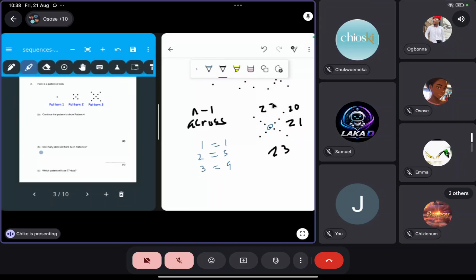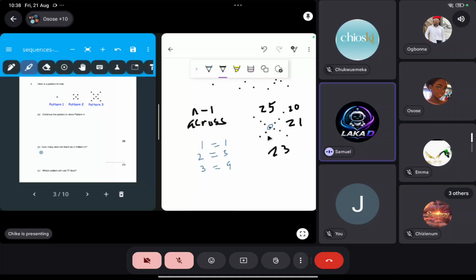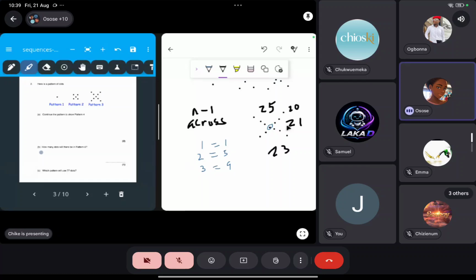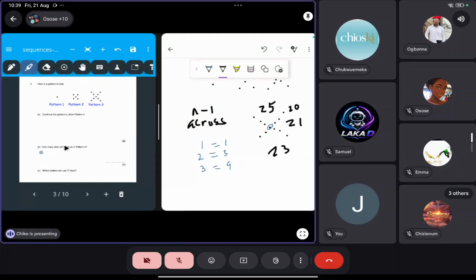Yes, ladies first. The ladies are united in the answer: 21. Guys, what's going on? Let's come together. 25, 21, 26. Which number? How many dots will be in pattern 6?